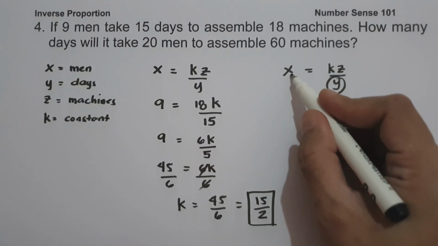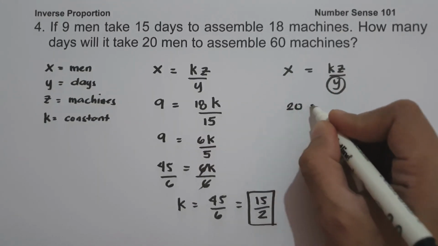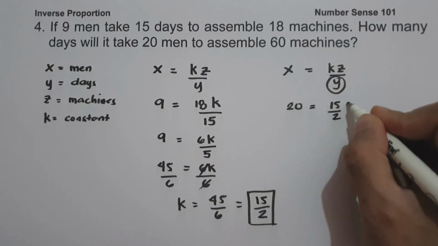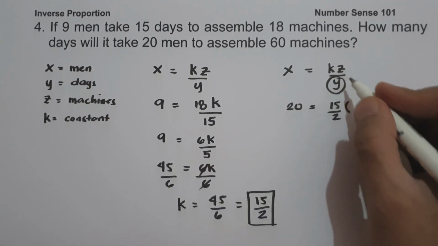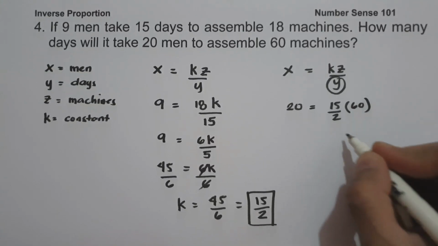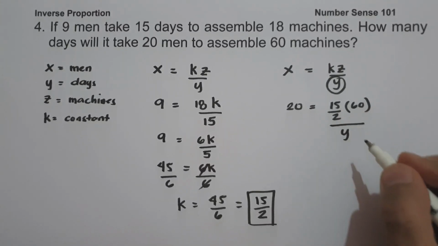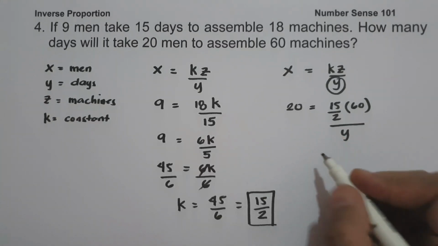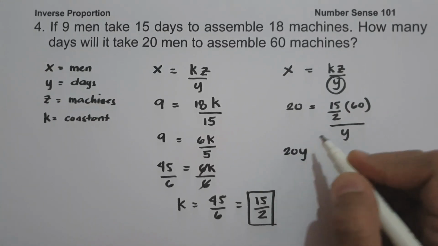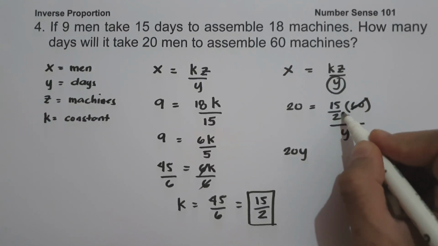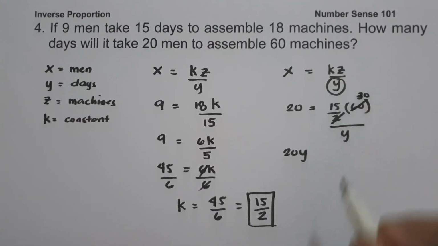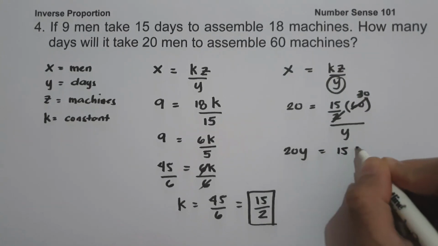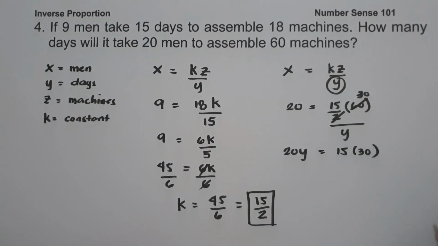So let us have x, that is 20, equals k, that is 15 over 2, times z, that is 60, all over y, that is the number of days. So to simplify this one, let us have 20 multiplied by y, that is 20y. And we can divide 20 or 60 by 2, that is 30. So we are going to have 15 times 30.